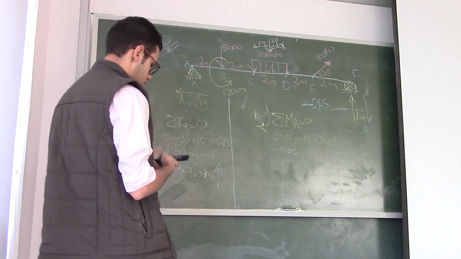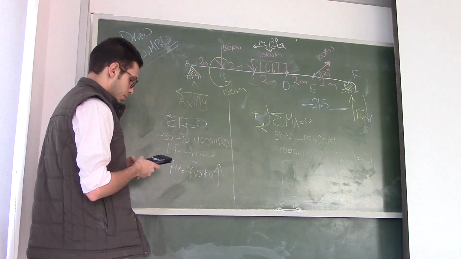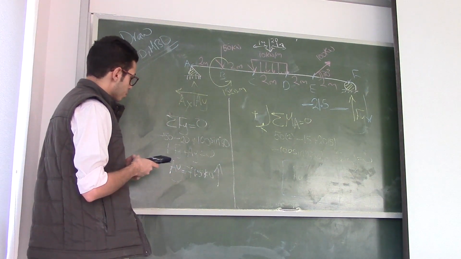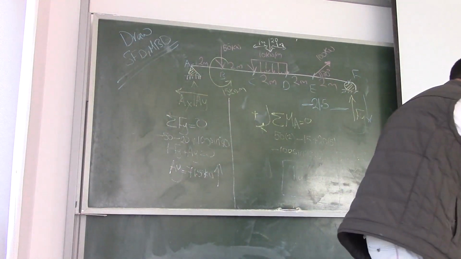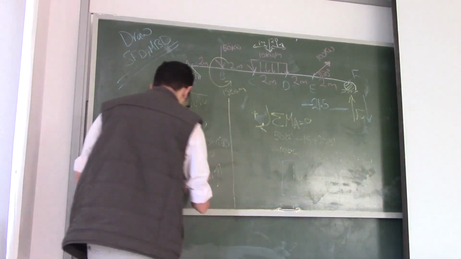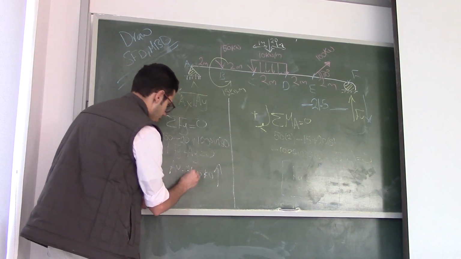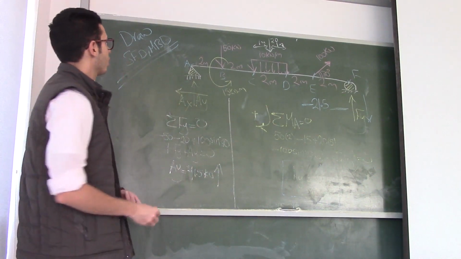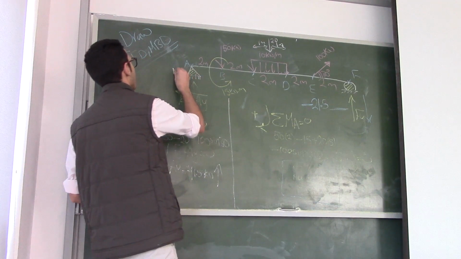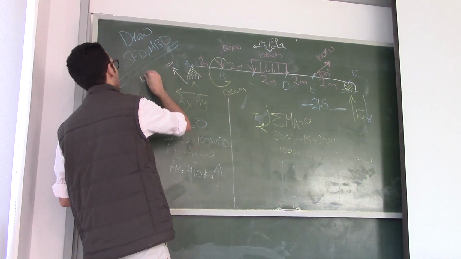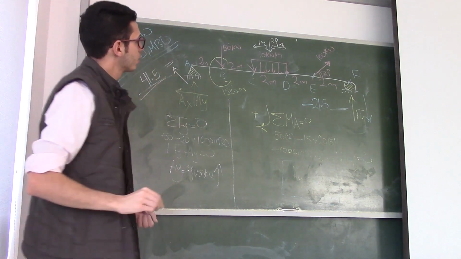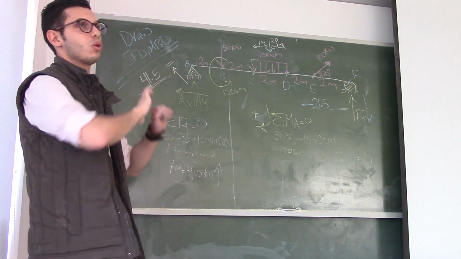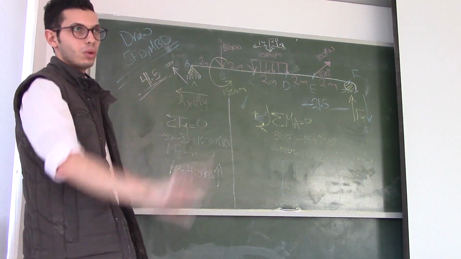Oh, sorry, no. So minus 70 plus 50 minus 21.5. It's 41.5. So we find that Ay is 41.5. Okay? So we found all the reactions.